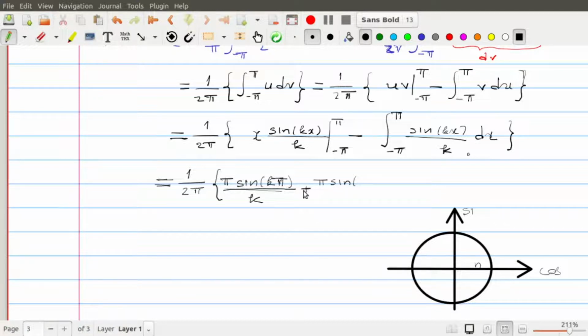So this negative pi, I can take it out because sine is an odd function. By k, and there will be negative here. So already this will cancel out. And even if it did not cancel out, oh sorry, I think there's a k missing here.